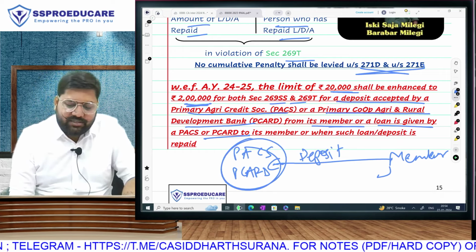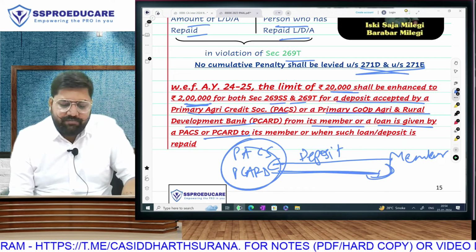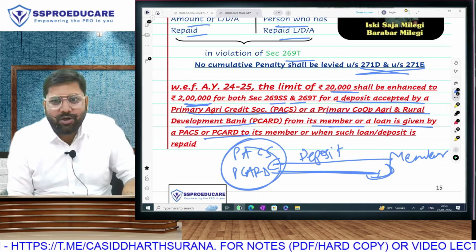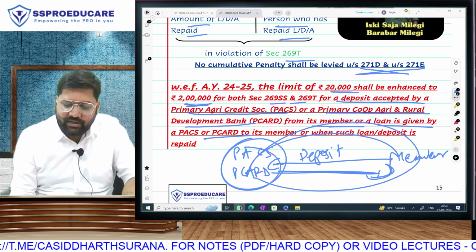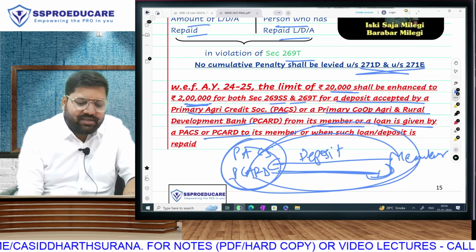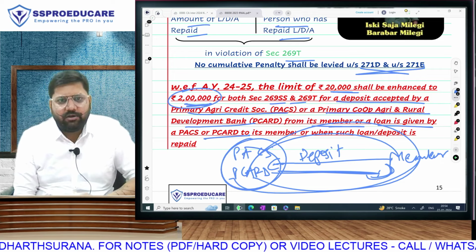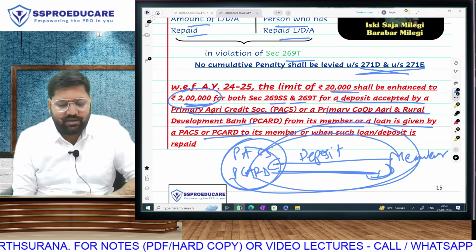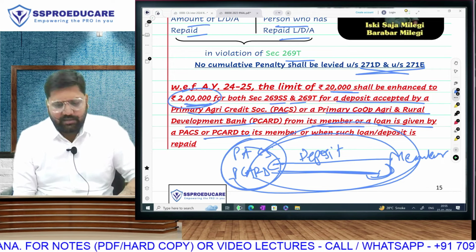So if there are deposits given by members to these societies, or loans given by societies to these members, or repayment of that deposit or the loan, meaning the member's deposit being repaid or the society's loan being repaid, for all these transactions the limit will be enhanced to 2 lakh rupees. The normal limit of 20,000 is not going to be applicable. The limit that will be applicable will be 2 lakh in the case of these transactions.